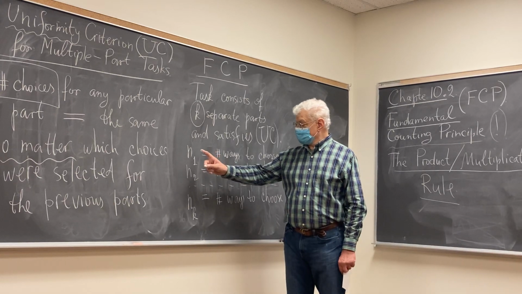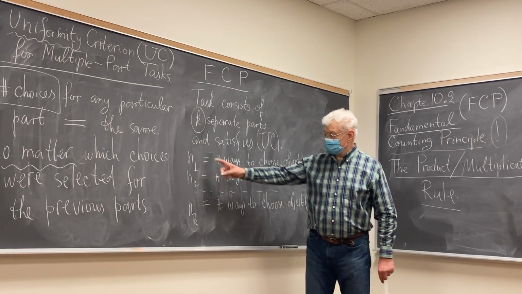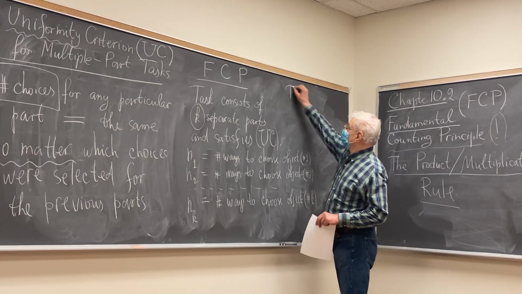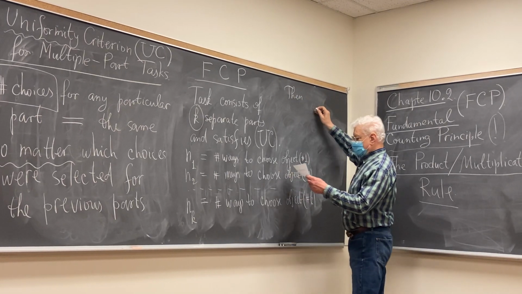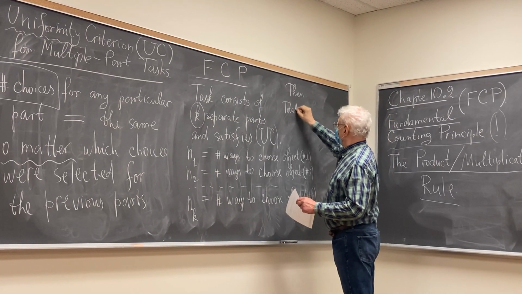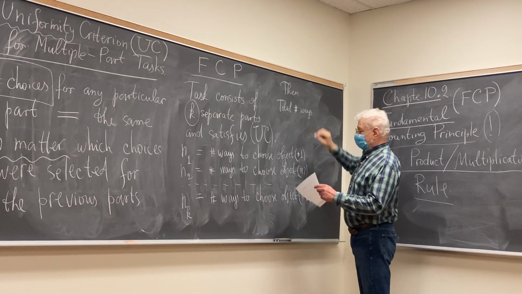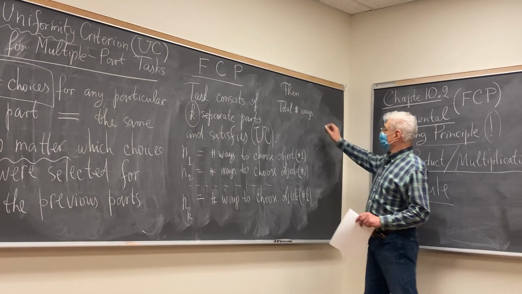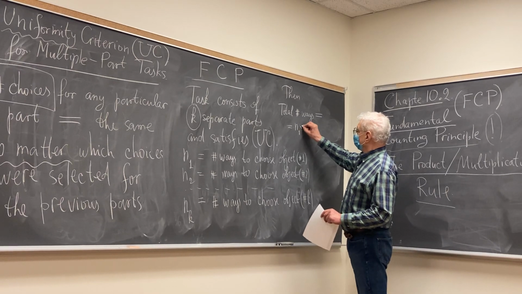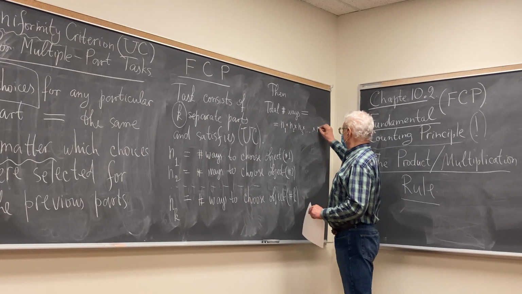So first I do the first part, and I have N1 choices, then N2 for the second, and so on. Then the total number of ways to complete the task equals the product N1 times N2 times N3 times and so on, and times N sub k.